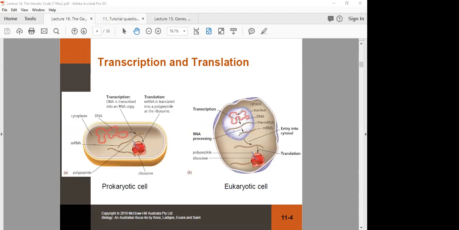All right, a gene within this DNA is going to be expressed. So that means it's going to be used as a template to synthesize a molecule of RNA. So the code within the gene in the DNA will be transcribed into the code found in this RNA molecule. That RNA molecule has to be processed.